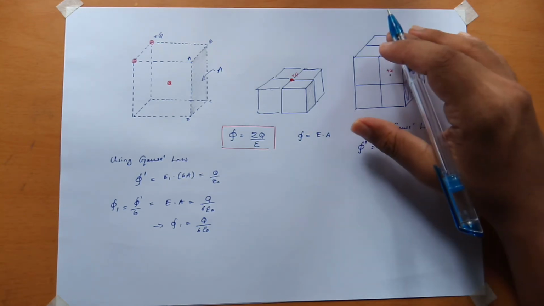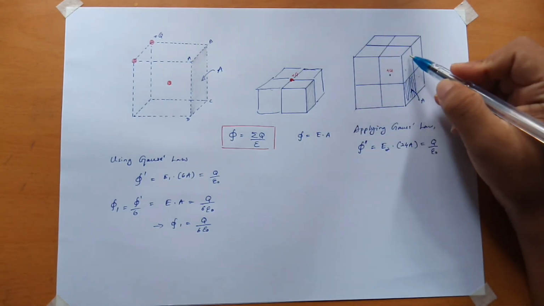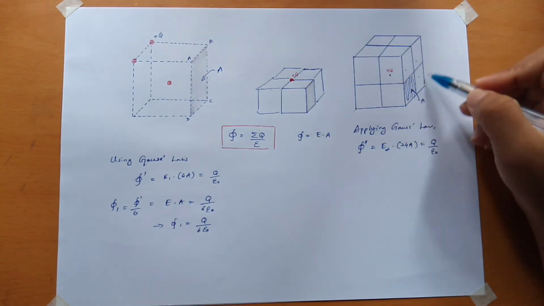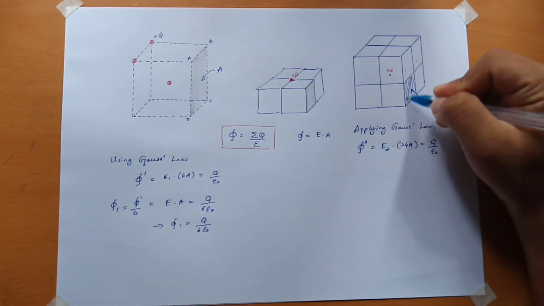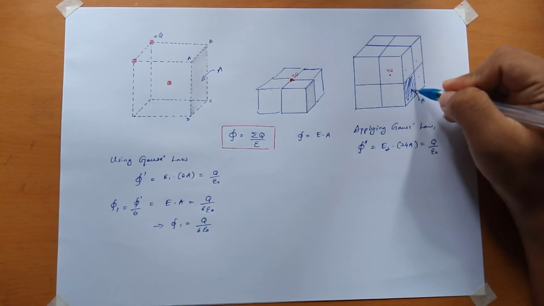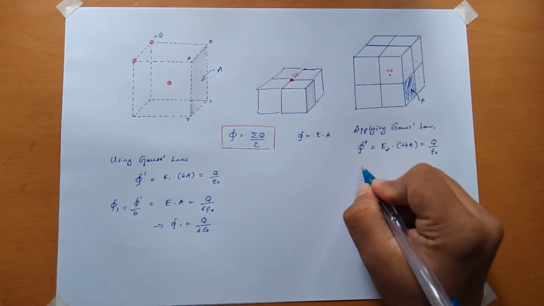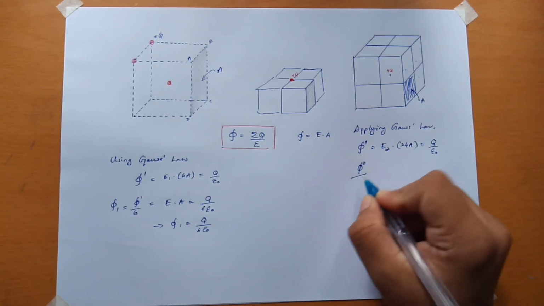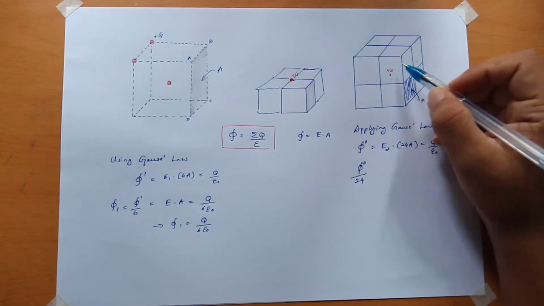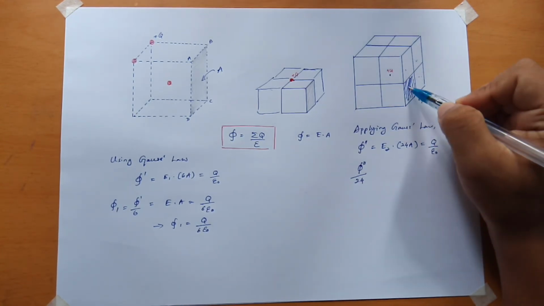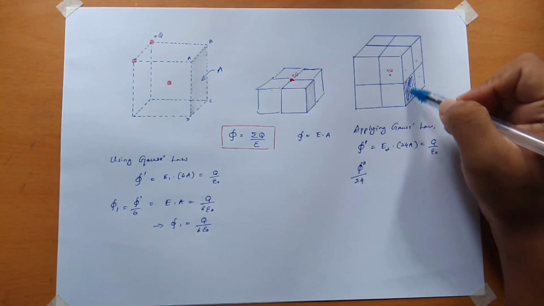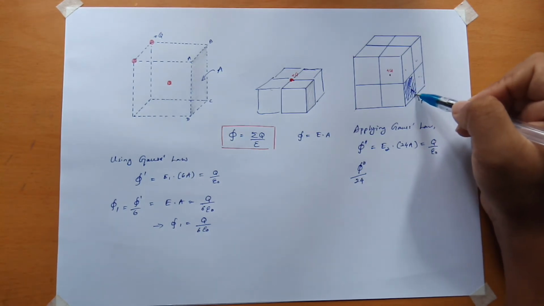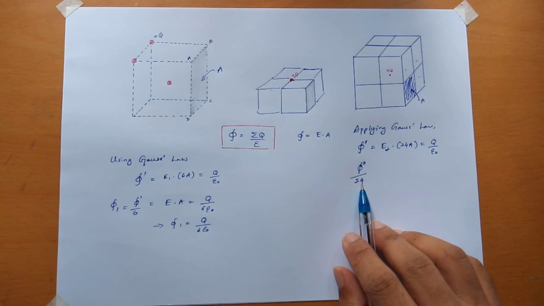Now I know the total flux going through the surface area of this large cube, but I want only the flux going through this area. Therefore I want to divide psi double dash by 24, because there are 24 equal parts. In order to get the flux going through only this surface, I divide by 24.